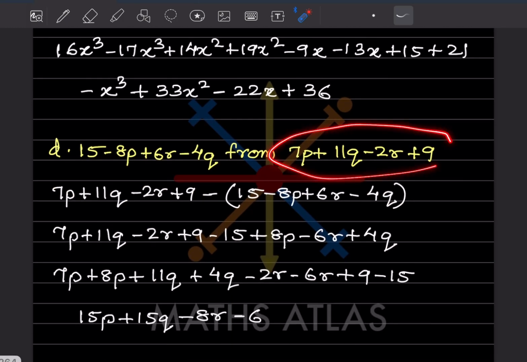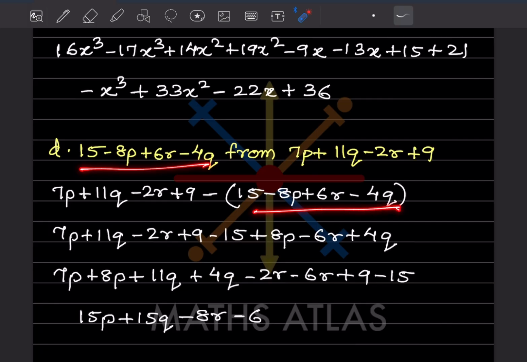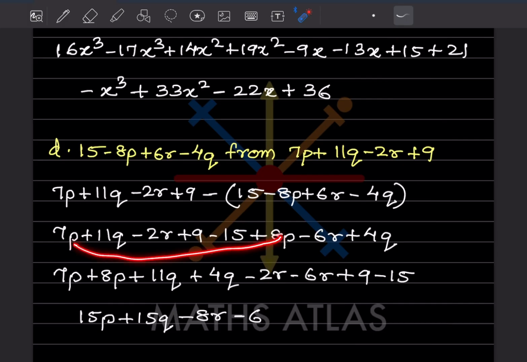Same here, this will be at the start, minus this whole thing here. So here the same, this is going to be minus 15, minus will be plus 8p, plus minus is going to be minus 6r, and minus is going to be plus 4q. So this is going to be 7p plus 8p, that will be here.